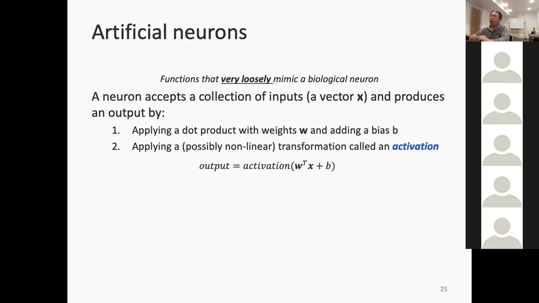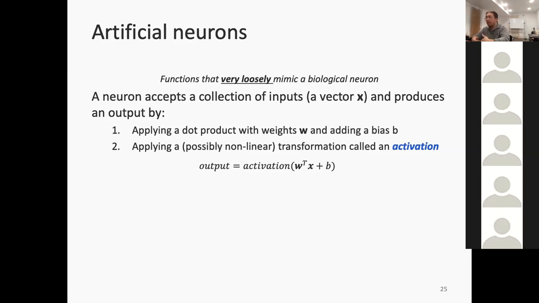To compute the output of an artificial neuron, you need to do 2 steps. In the first step, you apply a dot product with the weight w and add the bias parameter b. This is very similar to the prediction score for a linear classifier. It's not just very similar, it's exactly the same. It's just a linear prediction score.